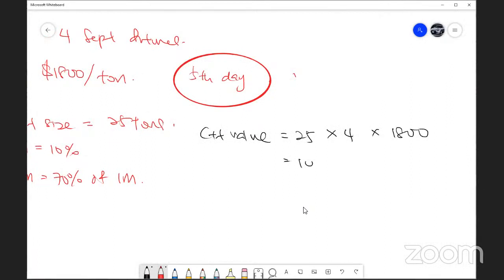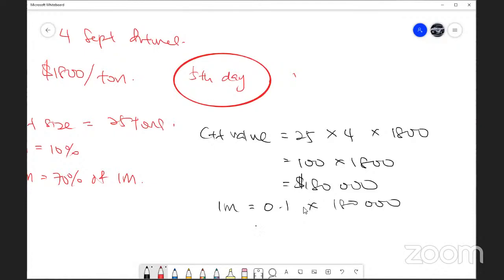So here it will be 100 times 1,800. In total, $180,000 is your contract value. So your initial margin will be 0.1 of this. So initial margin is 18,000.